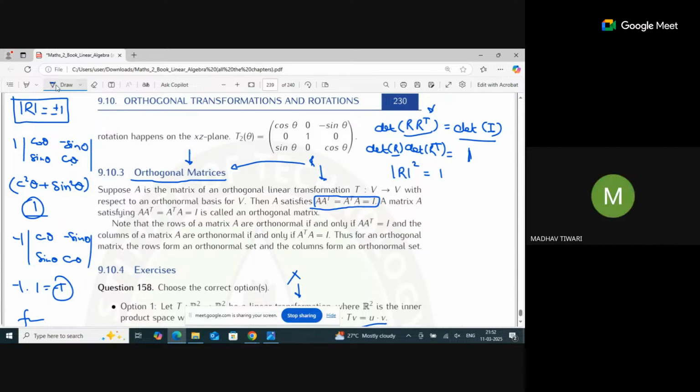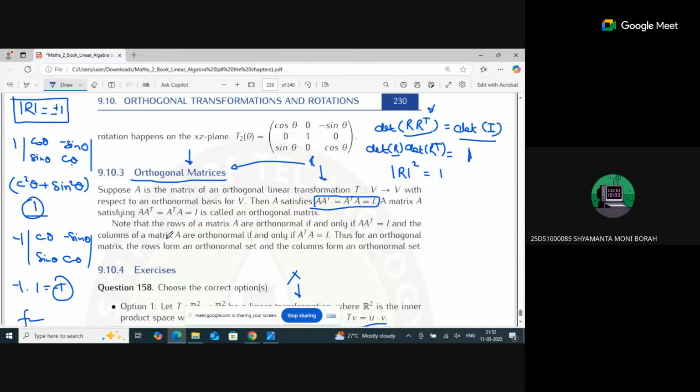Right. And rows are not orthonormal in the case of A transpose into A? No, sorry, if this is possible then rows are orthonormal, and if that one is, then columns are. If both are satisfied, then both are orthonormal.